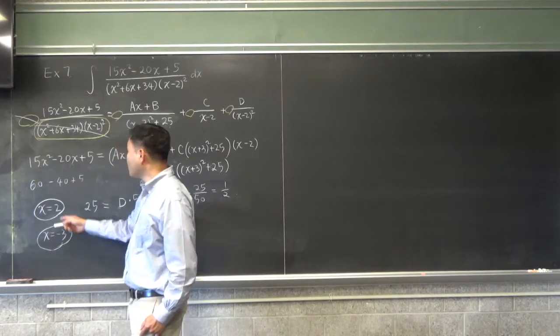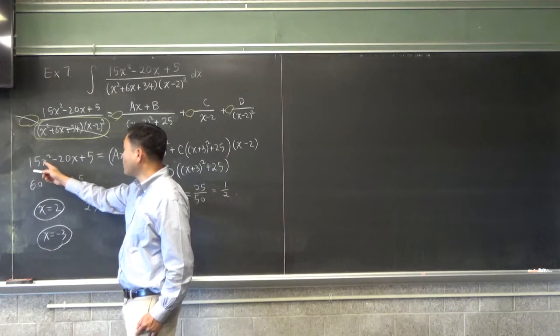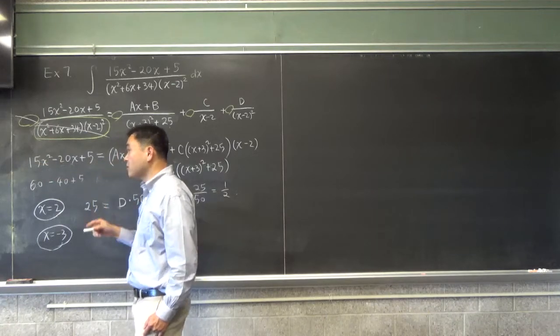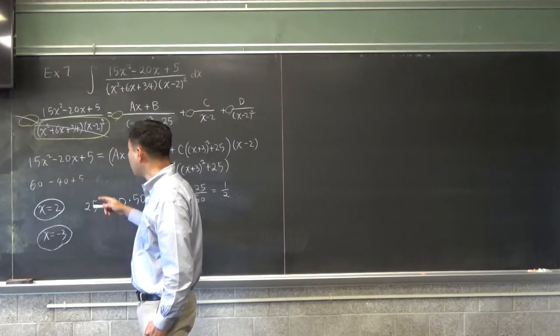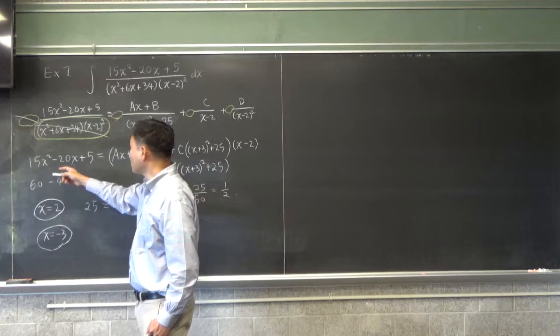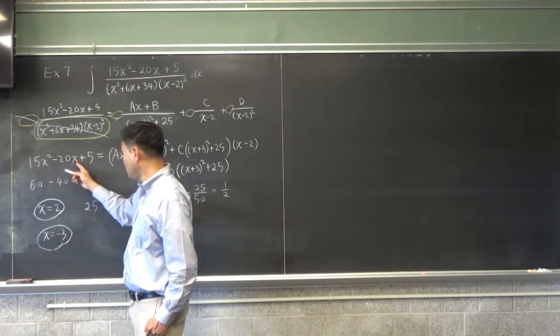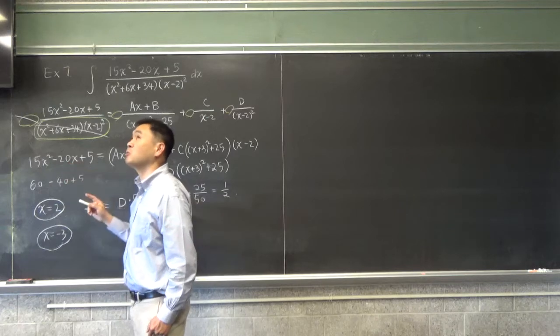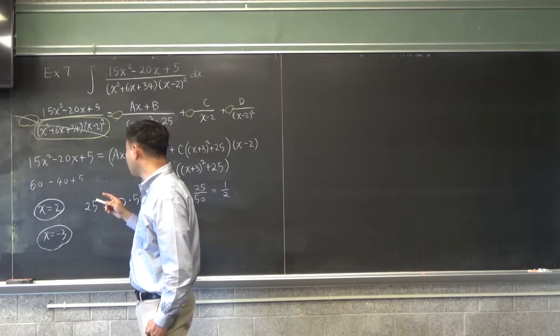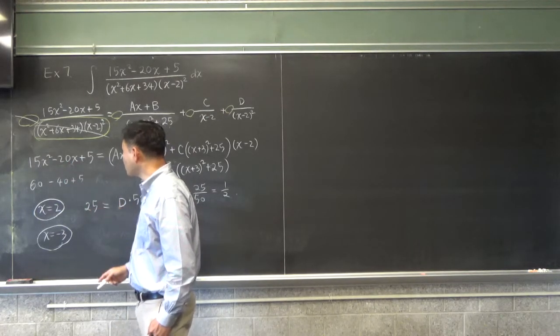If you plug in negative 3, that's 9 times 15, that's 135. Plus 60, 195, is it 200?